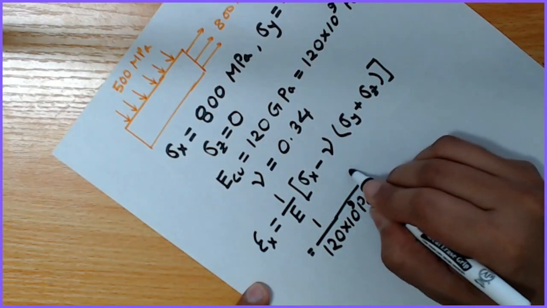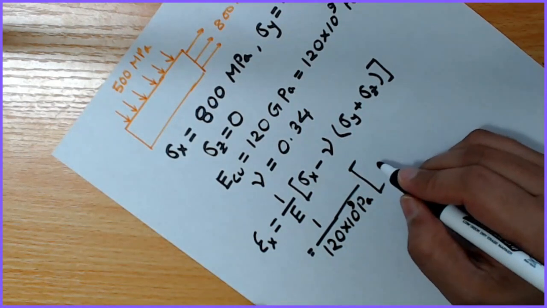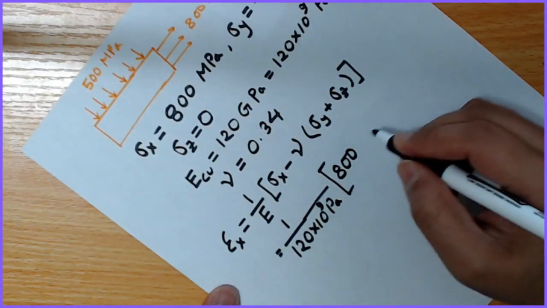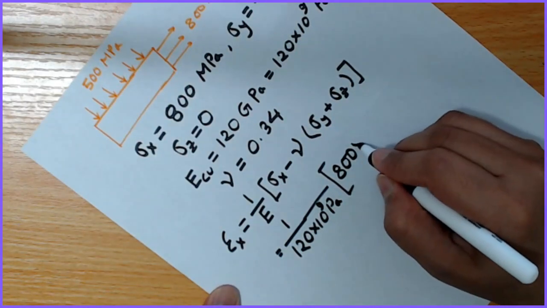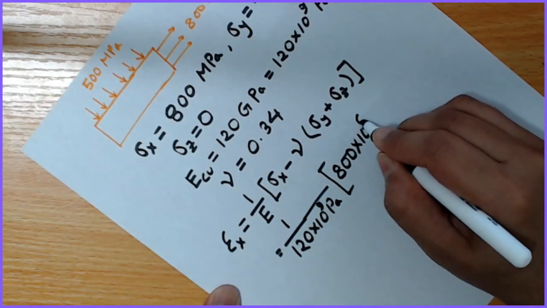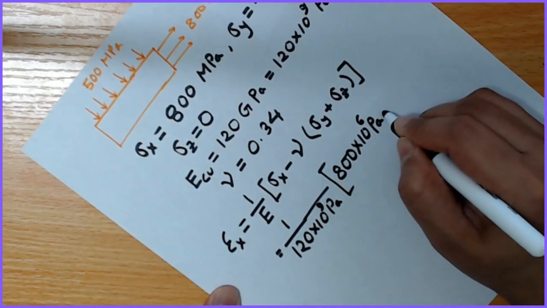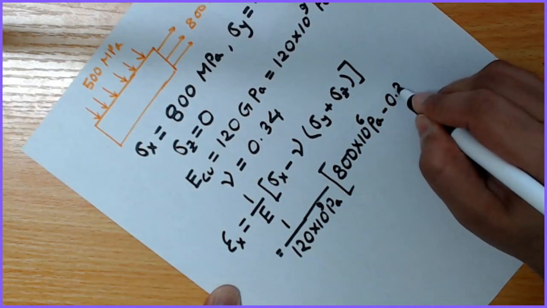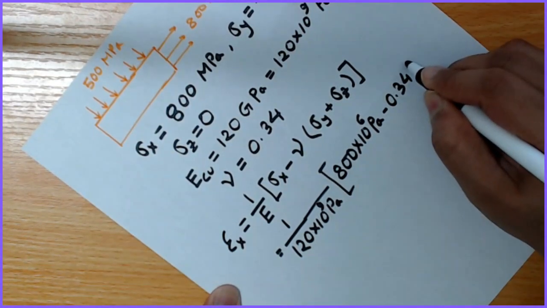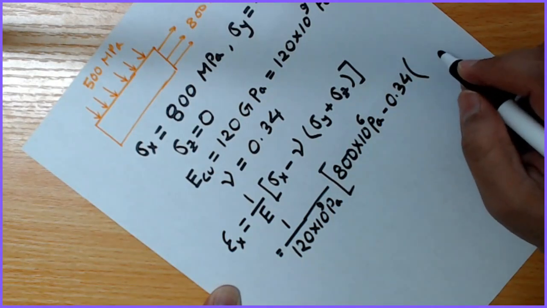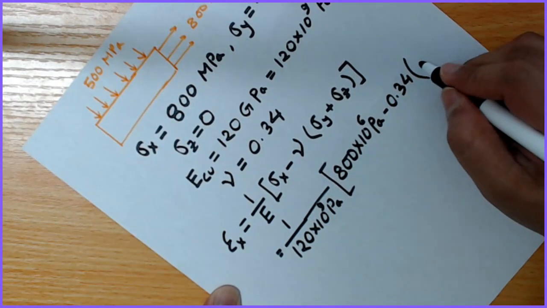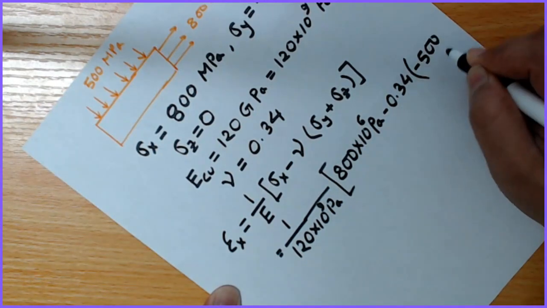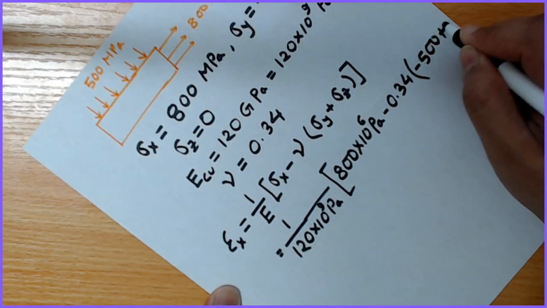Sigma x is 800 megapascal, so we can write 10 to the 6 Pascal, minus nu is equal to 0.34, and sigma y is equal to minus 500 and sigma z is equal to 0.